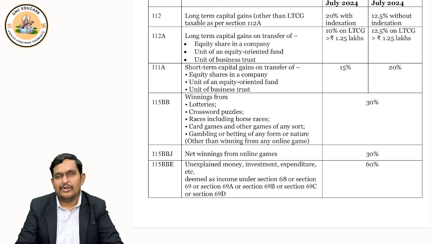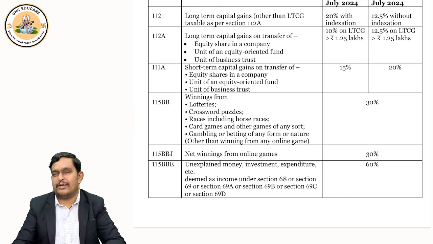60%. So if you don't show it to the government and you try to hide the income, the day you are caught, on your entire assets, on your entire property which you are not able to explain, you have to pay 60% tax. If you feel only this much, no, plus 25% surcharge also.